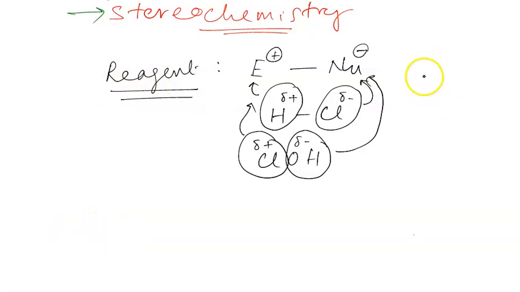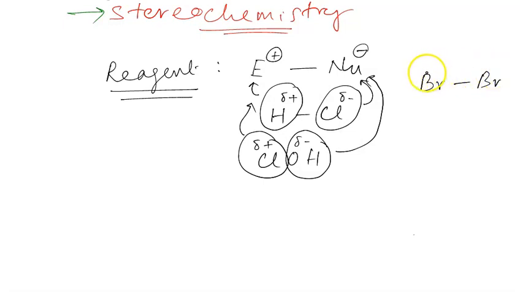You may be asking, when we consider a bromine molecule, both are similar atoms, therefore there won't be any polarity. This is a non-polar bond. But when it approaches a multiple bond, the atom close to the multiple bond has its electron cloud repelled by the multiple bond.